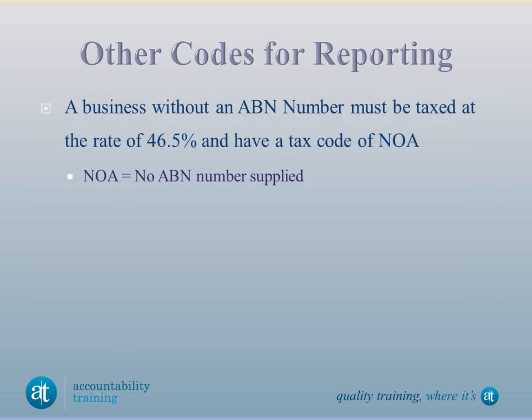Other tax codes that we will use for reporting will be NOA, where a business supplier is not registered with an Australian business number or ABN, and will be taxed at the rate of 46.5% of the invoice total. Tax deducted in this way will need to be forwarded to the tax department on the next BAS statement.